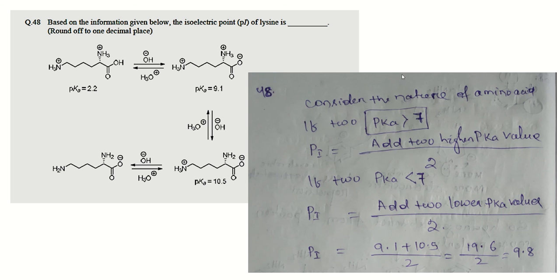I have already discussed: if the two pK values are greater than 7, add the two higher pK values and divide by 2. If the two pK values are less than 7, add the two lower pK values and divide by 2. Here the isoelectric point is 9.1 plus 10.5 divided by 2, which is 19.6 divided by 2, so 9.8.